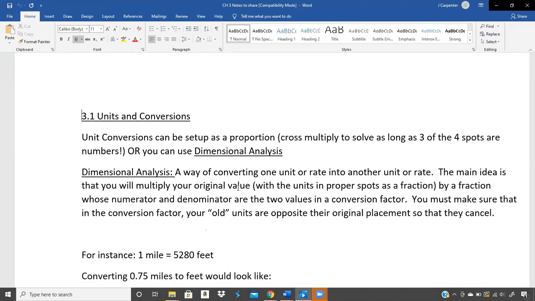And notice the first ones I said were all distance. I could say 1 mile, or I could say 5,280 feet, or I could say, hold on, give me a minute because I got to calculate it. I don't know it off the top of my head. Or 63,360 inches. So saying 1 mile is the same thing as saying 5,280 feet, is the same thing as saying 63,360 inches.